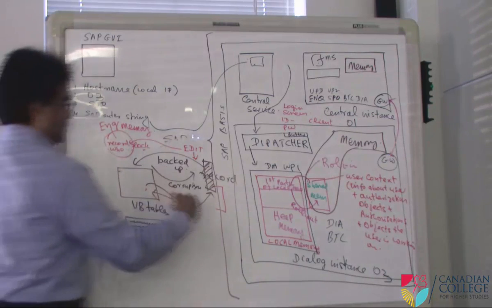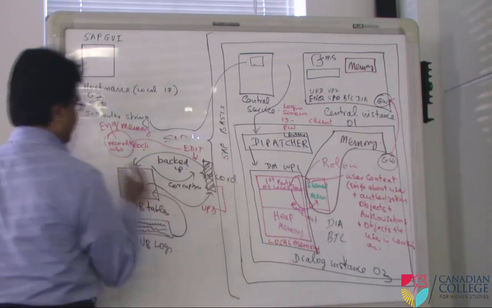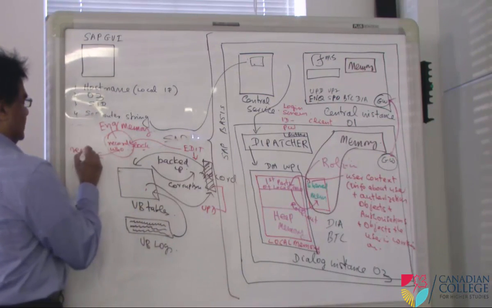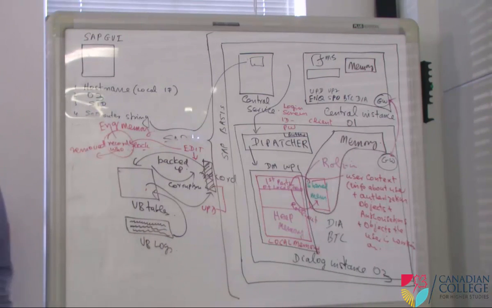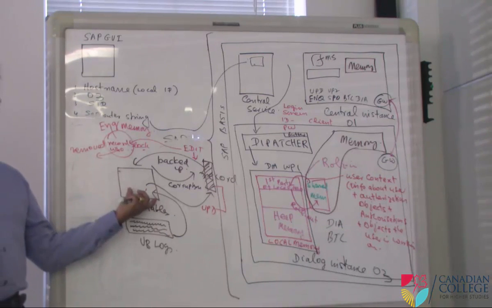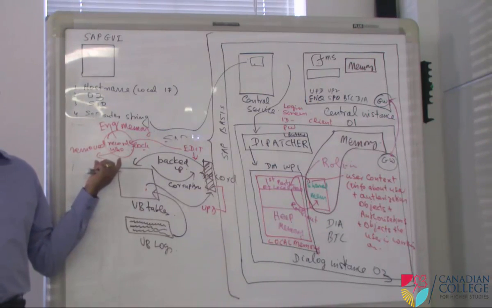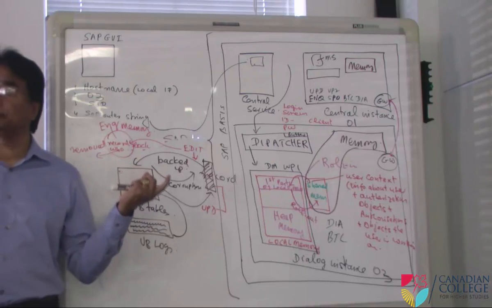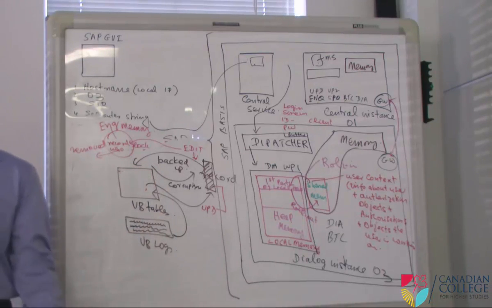After the update is complete, this will be removed. Whenever a record update takes place, the update work process is doing some job, but before that NQ has to lock it, right? If it doesn't lock, then surely there is going to be corruption. Two people can't update the same record, right?